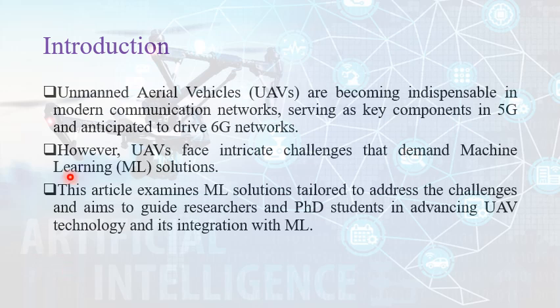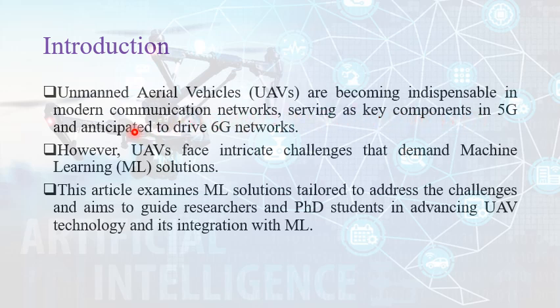Okay, introduction. Unmanned aerial vehicles or UAVs are becoming indispensable in modern communication networks, serving as a key component in 5G. Let's stop here. As I discussed in my previous video, UAVs can help to realize 5G goals such as enhanced mobile broadband, ultra reliable and low latency communication, and massive machine type communication.